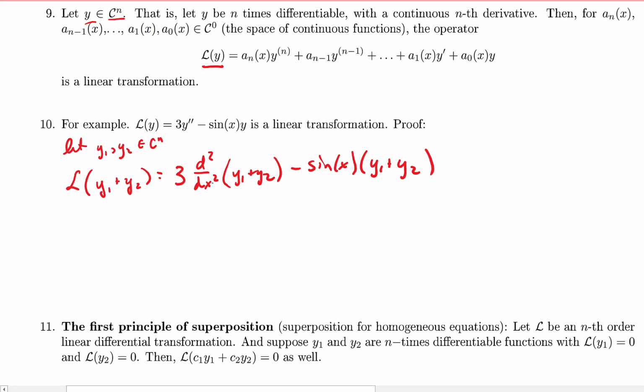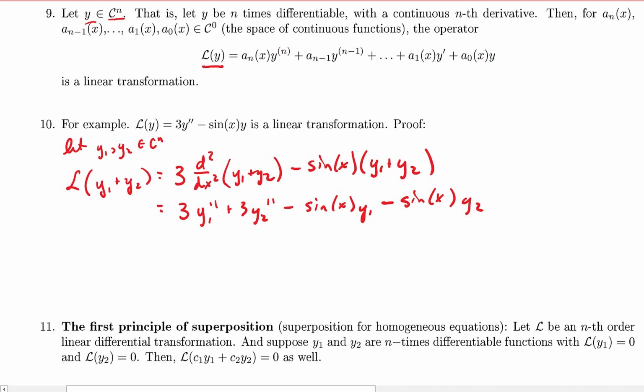Now this part is fairly mechanical. I'm simply going to use my previously proved linear properties, do some distribution, and then recollect the terms. So notice I can rewrite this as 3 times, let's write it this way. We could go ahead after we do some distributing, we could rewrite this as 3y1 double prime plus 3y2 double prime minus sine of x y1 plus, minus sine of x y2.